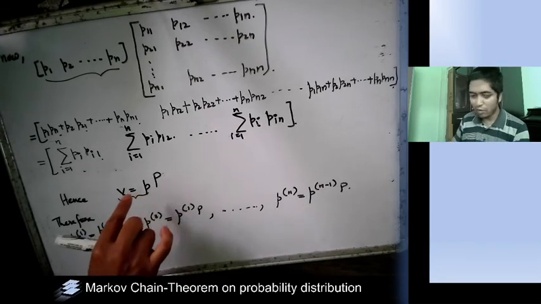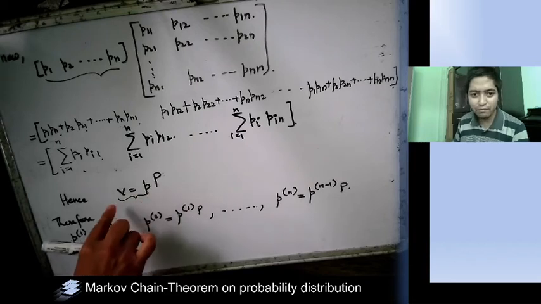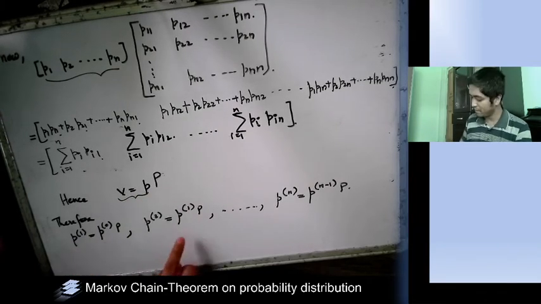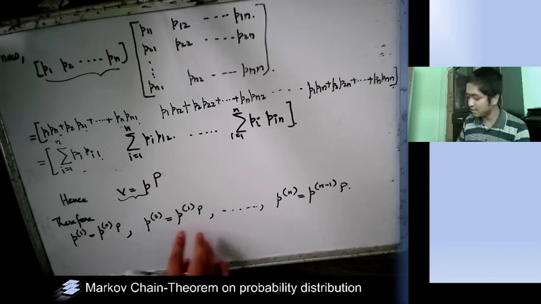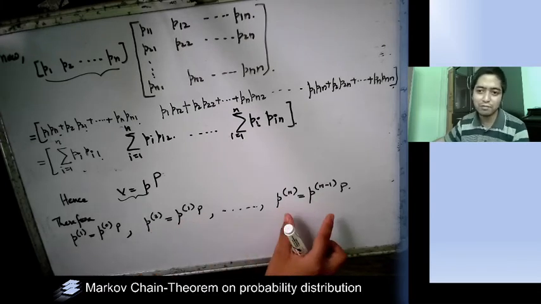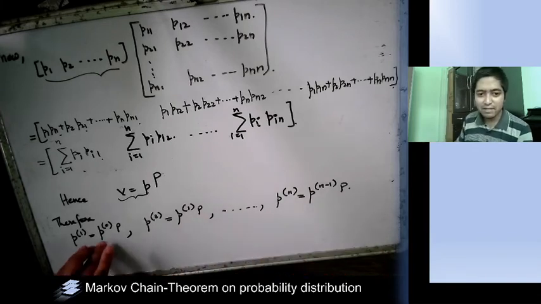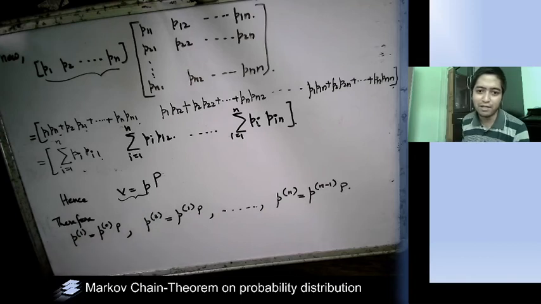The probability changes from P to V in only one step. Similarly, from P1 to P2 is one step, and from Pn minus 1 to Pn is only one step. So you can use this formula whenever there is a difference of one step only.